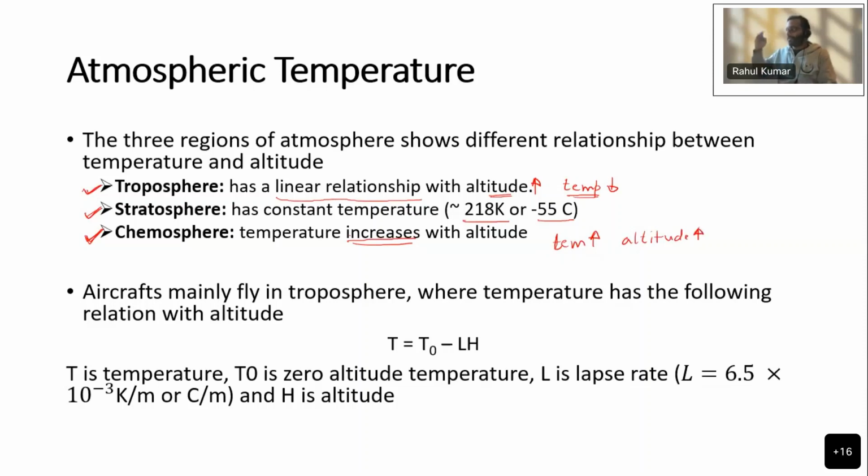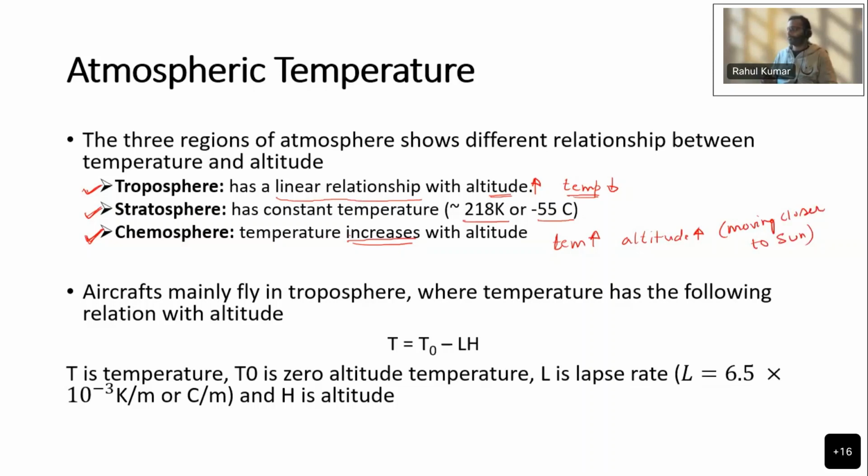Because in the chemosphere you are moving closer to the sun. Closer to the sun. Okay, so that's why the temperature starts to increase.